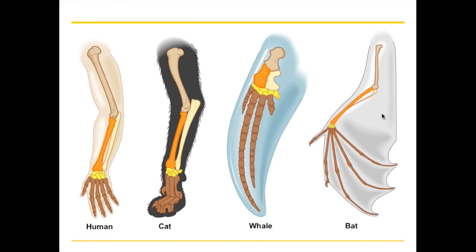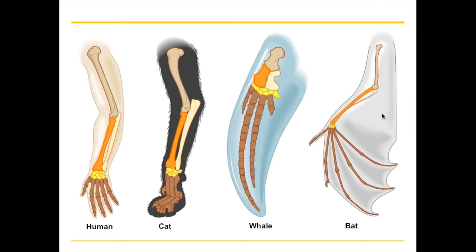These are all mammals: the human arm, the cat, the whale, and the bat, with all the forearm elements marked by color. And so what you can see here is that even though there is definitely a difference in shape and definitely a difference in how these are used, the human arm can grasp, none of the others can.